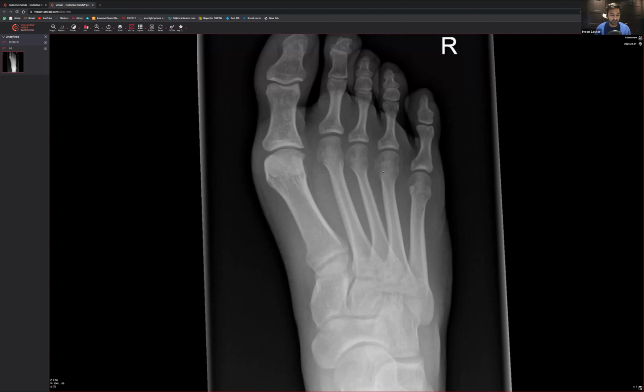One of the high yield areas of the foot would be this area over there. That is a very, very high yield area for getting fractures. So what you need to do is make sure you've had a good look in the area around here. So base of fifth, very, very common.